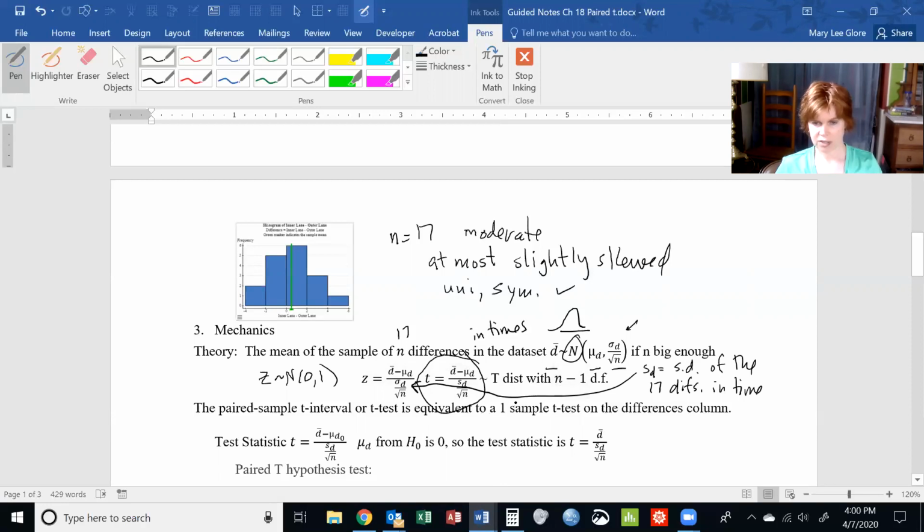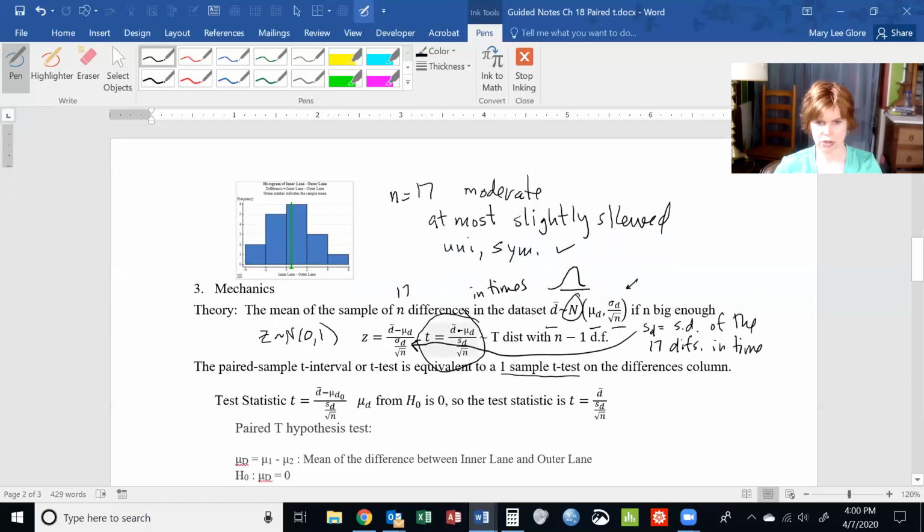So the paired t-test is equivalent to doing a one sample t-test. When we had a one sample t-test, we took y bar minus mu 0 over s over the square root of n. Now, instead of y bar, instead of looking at actual values, we're looking at differences, so it's d bar.